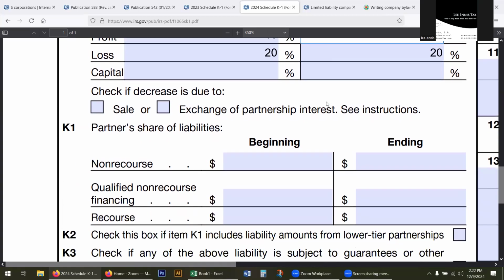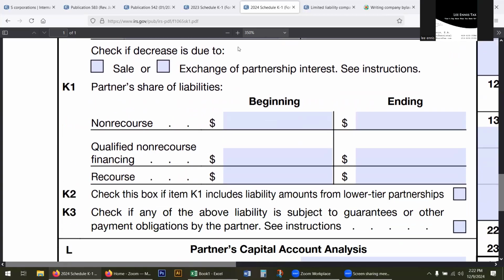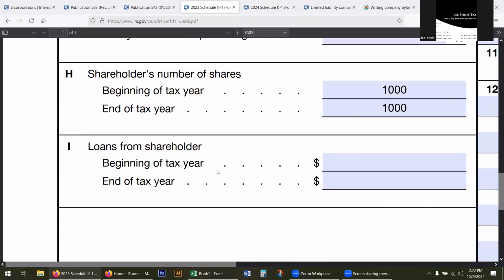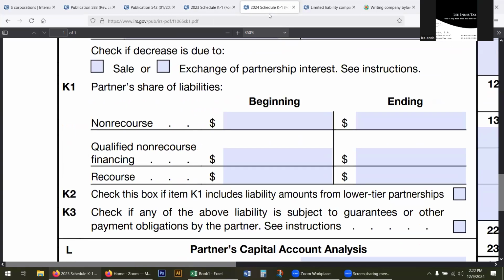All right. Next thing, you'll notice here that with the S corp, the loans from the shareholder is very straightforward, very simple. It's just a loan, right? With a partnership, however, you have this recourse and non-recourse.